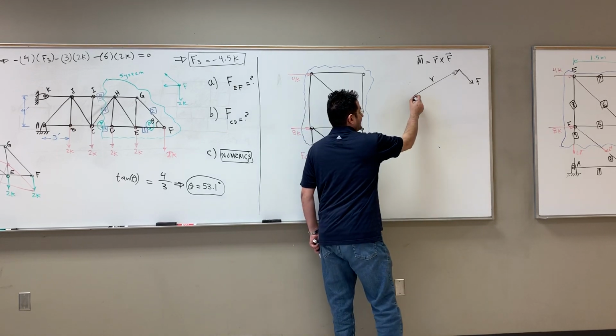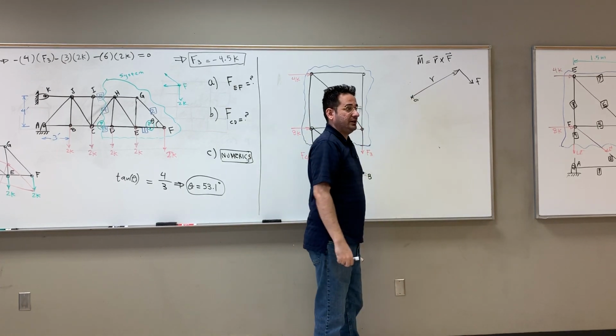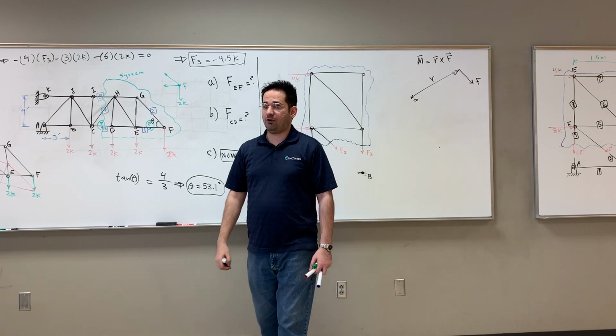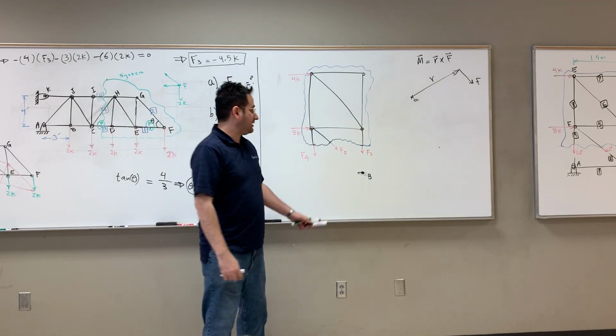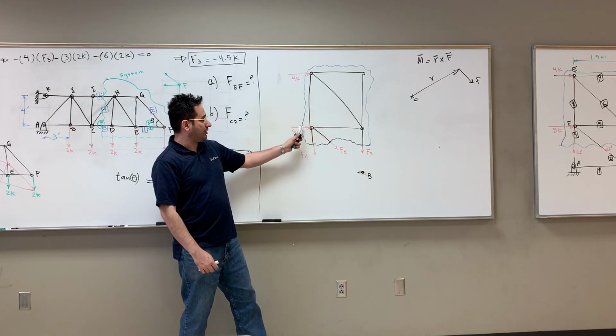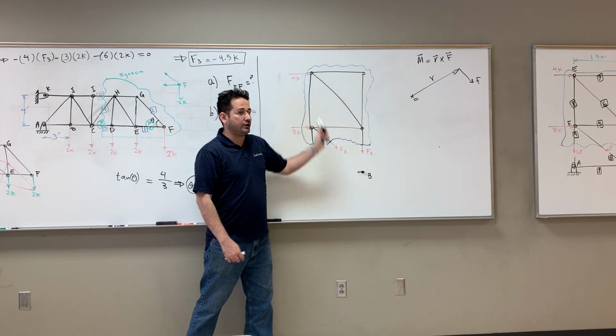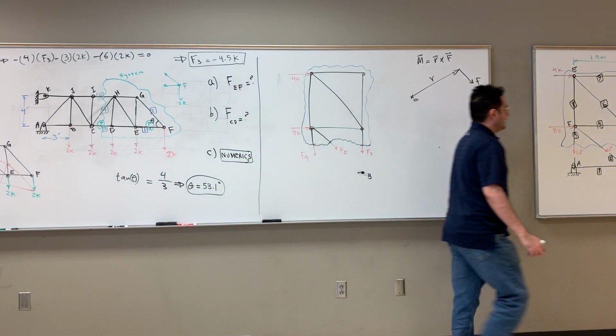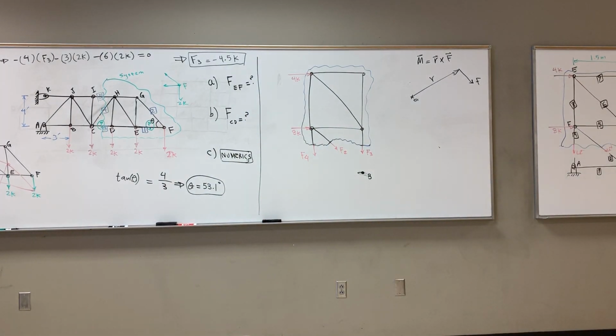But we didn't say this reference point, O, should be on the structure. We said this is an arbitrary point in the space. Arbitrary. That means it can be on the system, like one of these points here, or it can be anywhere outside of the system. Or it can be here. You see? If that's my system, my reference point can be here.